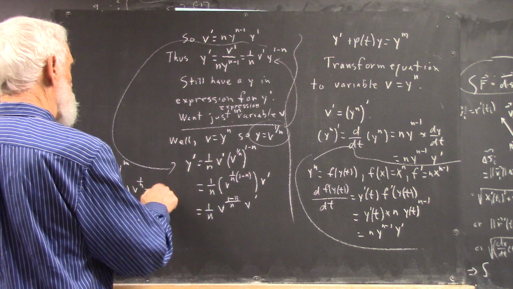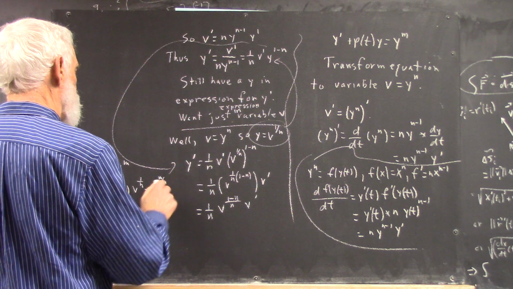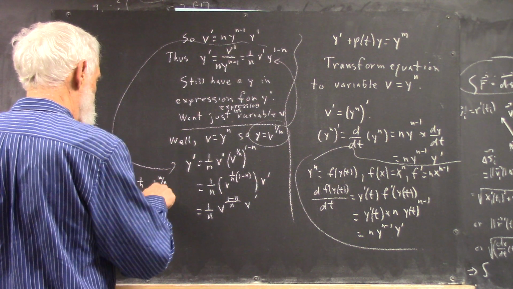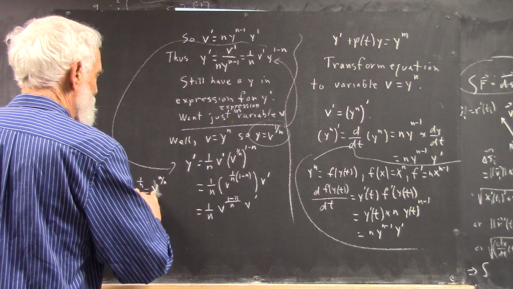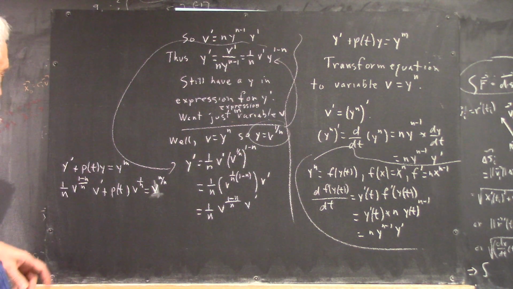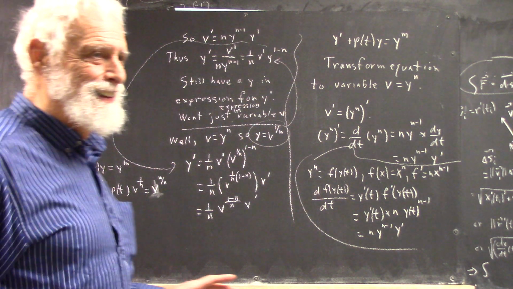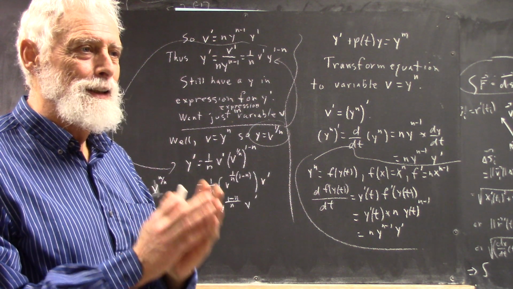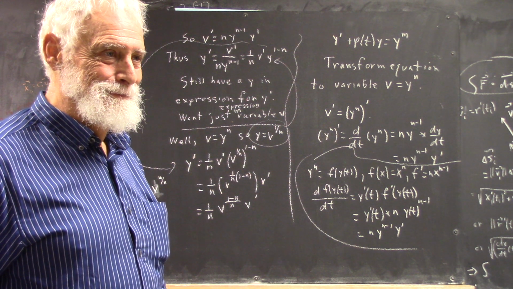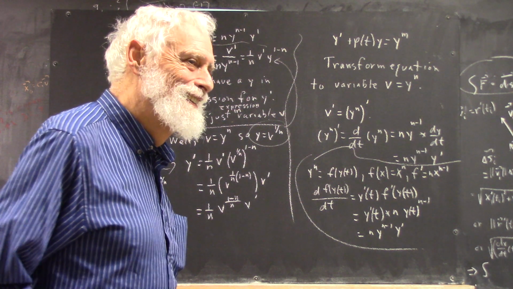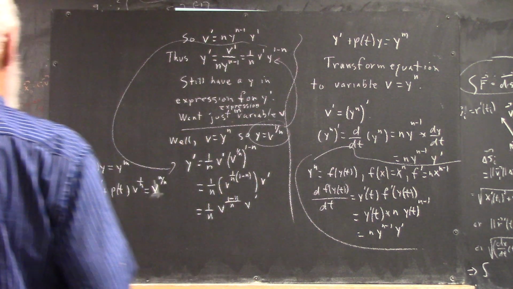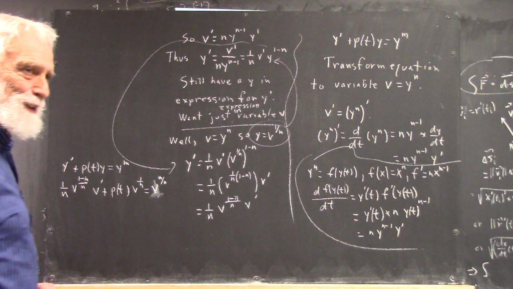Well, you just told me, y to the m is v to the m over n. It wants to be a y no matter what I do. Okay? That looks a whole lot worse. But it'll just be the n minus 1 here. You get to choose n. So it gets easier, it gets better.